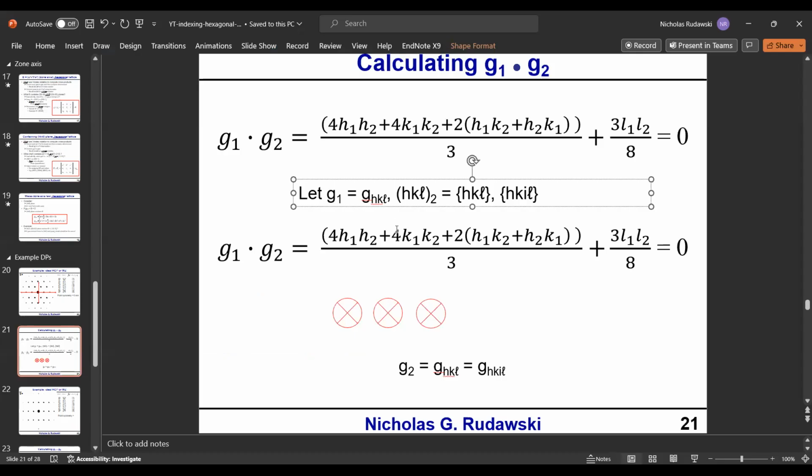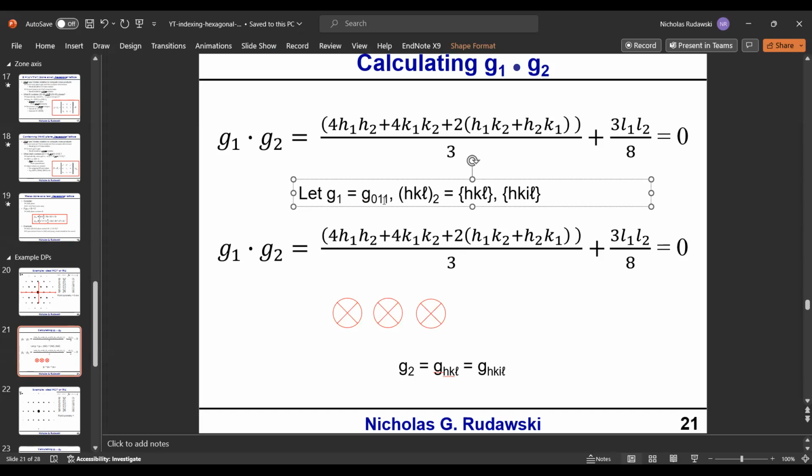So let's just assign it to be 0, 1, 1. And so then what we have to do now is figure out indices that we can assign to G2 such that we get a 0 dot product.